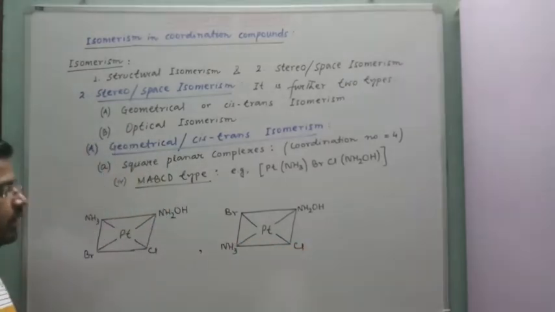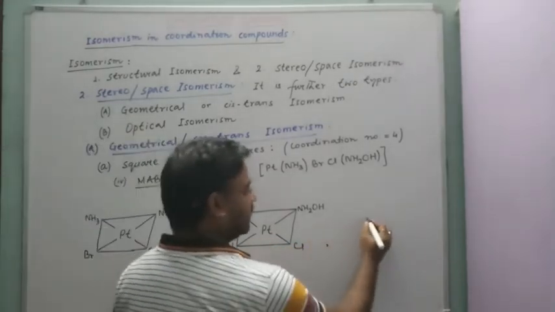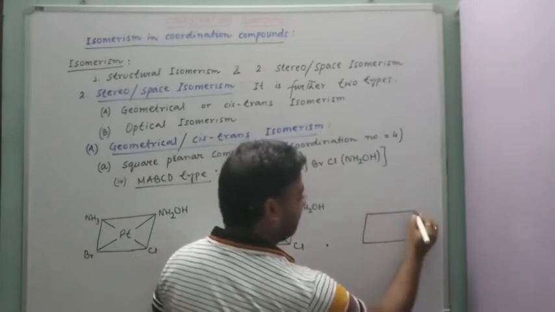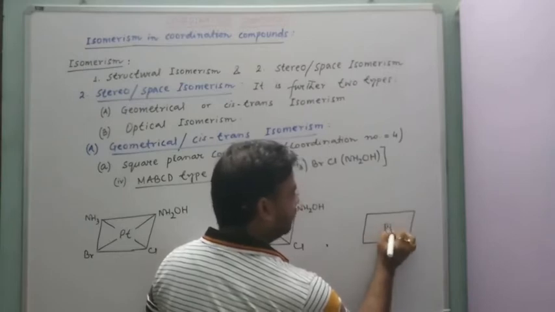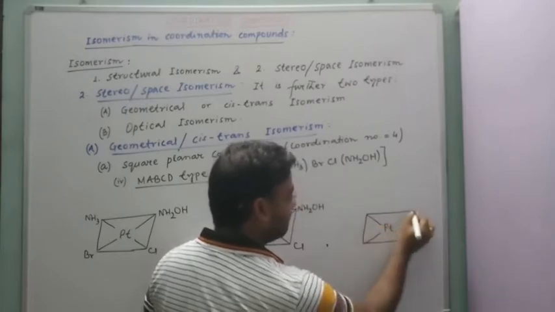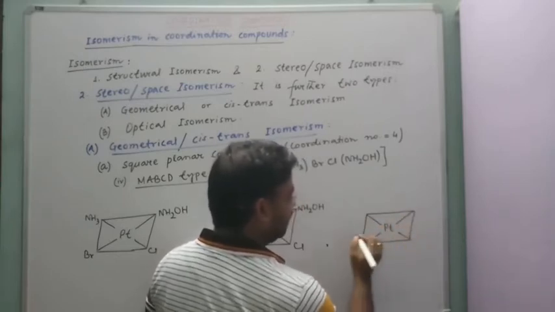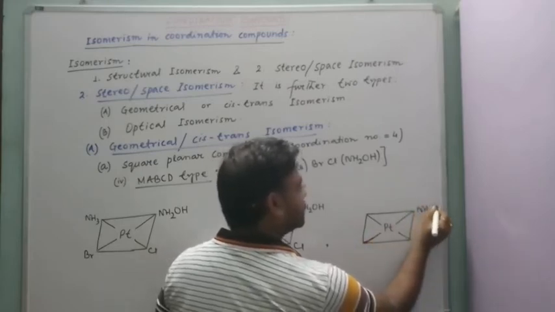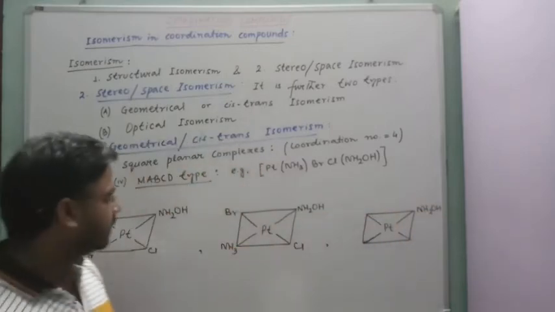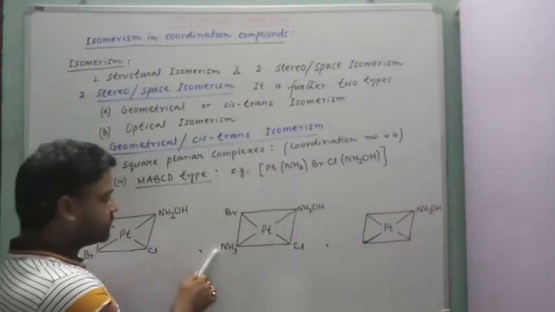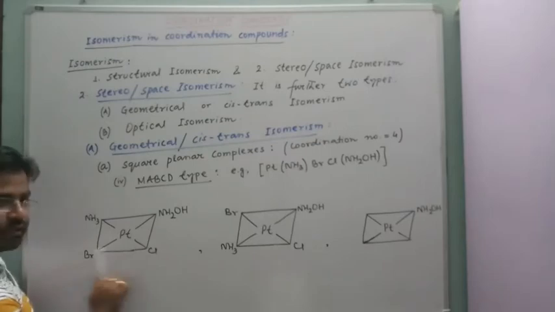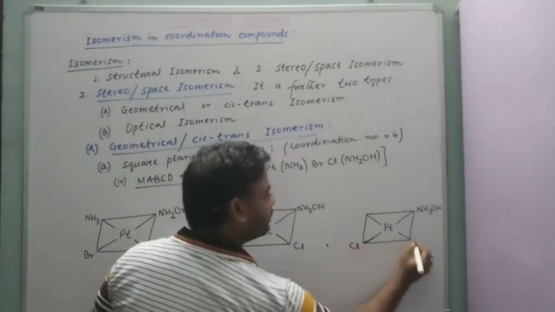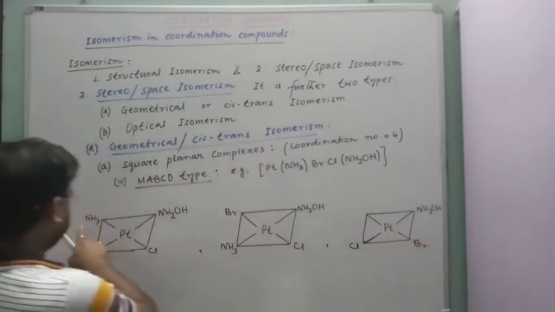Similarly, another platinum, so NH2OH, this position is fixed. So we already changed these two positions. Now these two positions, तो chlorine यहाँ पे, bromine यहाँ पे, chlorine यहाँ पे, bromine यहाँ पे, and NH3 remains same.